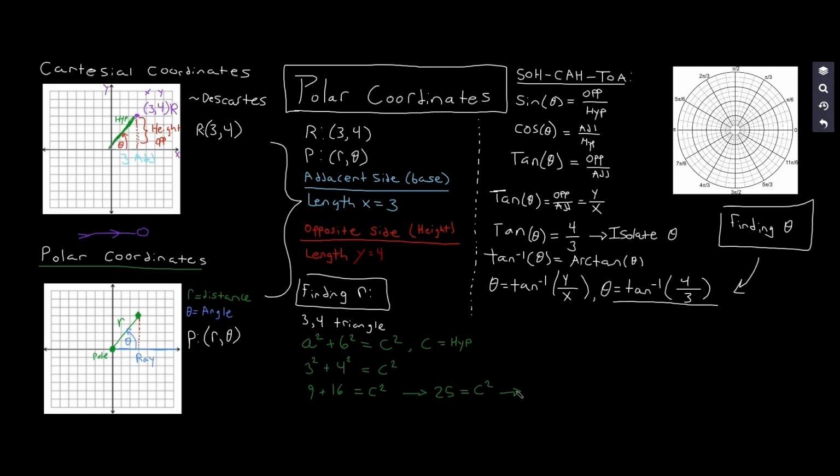And we want to isolate c, so we'll take the square root of both sides. C equals 5. So from this, we can realize that P, which again is (r, theta), is going to be r, which is 5, and theta, which is arctangent of 4/3.